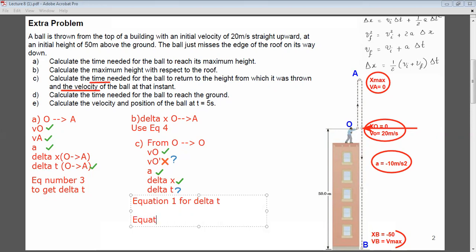So equations 2, 3, and 4, any one of them will be okay.